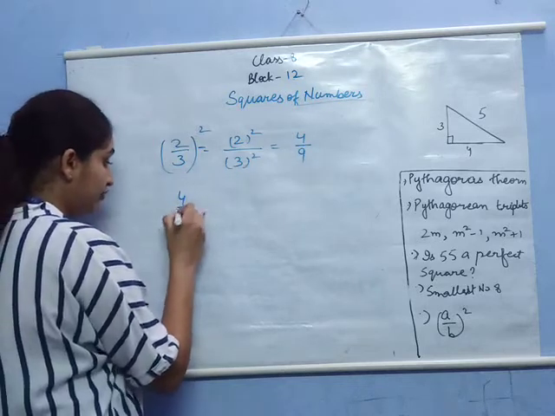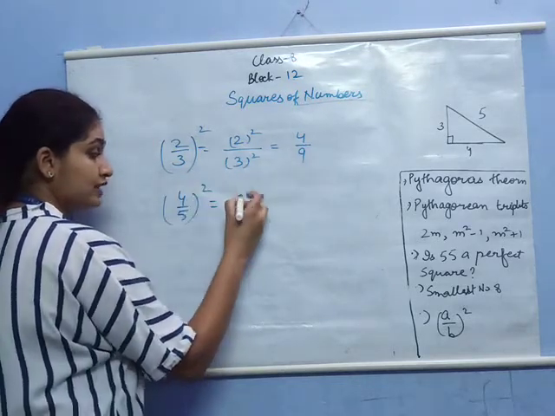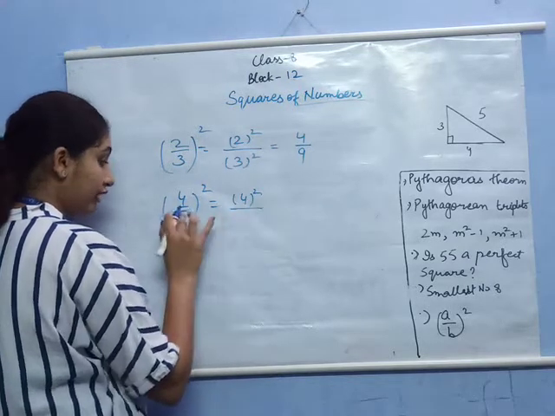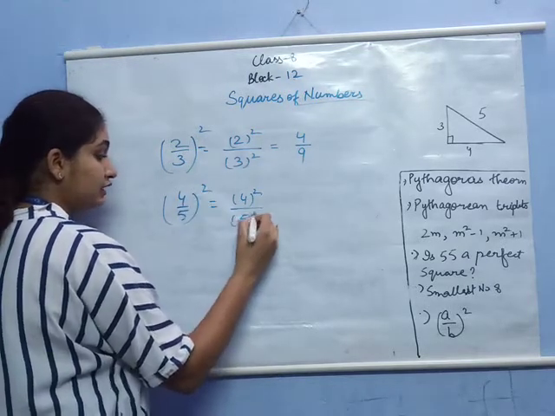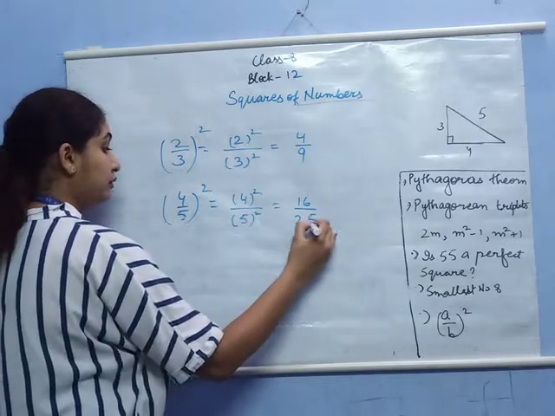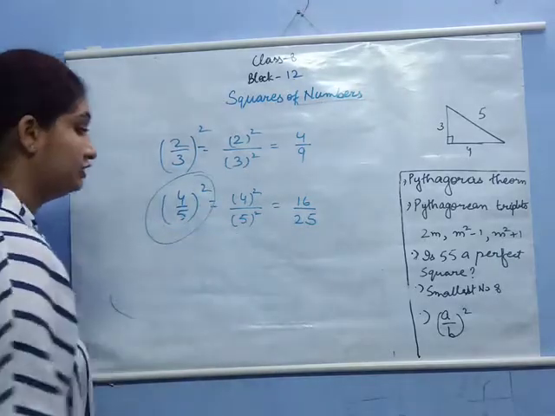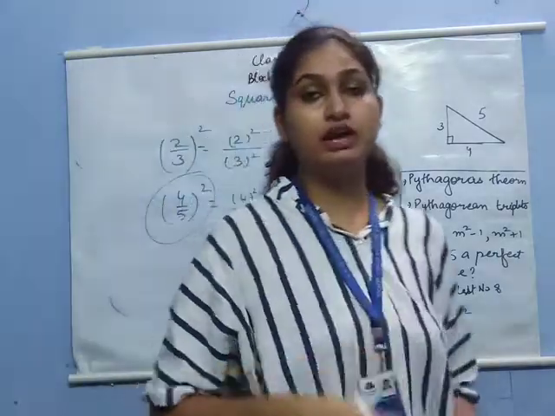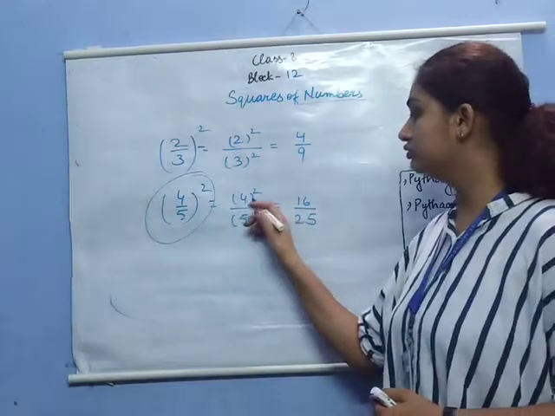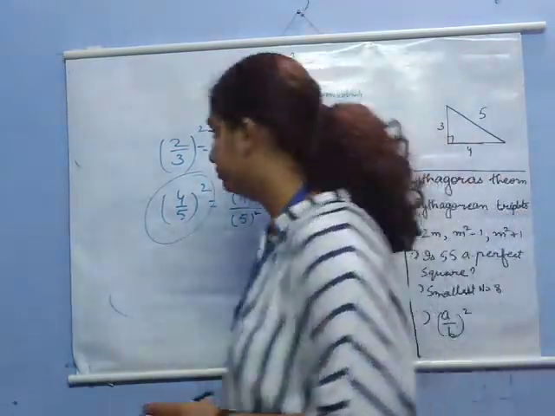Take 4 by 5: 4 squared separately as the numerator, 5 squared separately as the denominator. 4 squared is 16, 5 squared is 25. For a fraction, when we are calculating the square, we just have to square the numerator and square the denominator and then write it again. That's so simple, right?